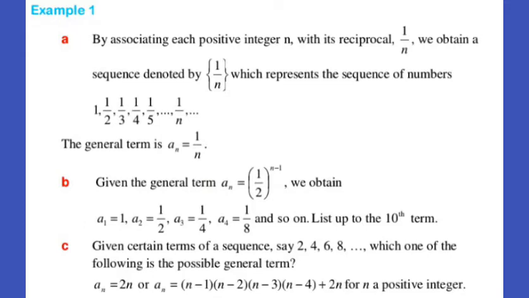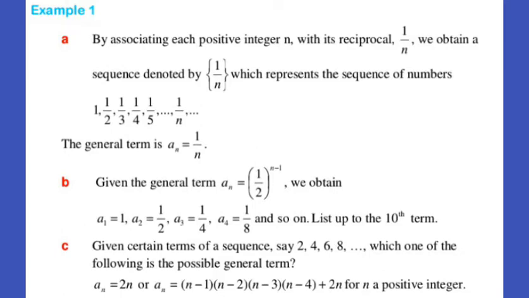Another example, consider the sequence an equals 1 over 2 to the power of n minus 1. We obtain a1 equals 1, a2 equals 1 over 2, a3 equals 1 over 4, and so on. We can list up to 10 terms. Let me see another example.